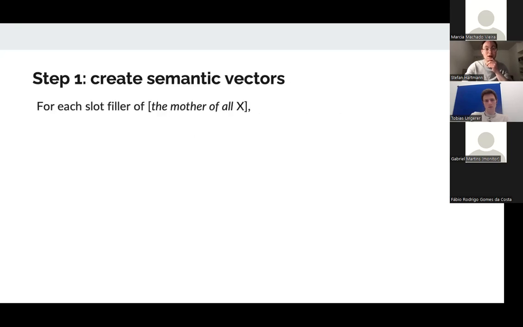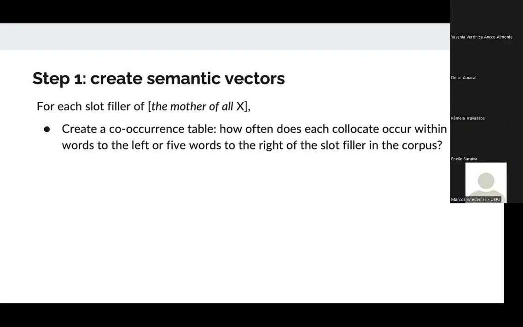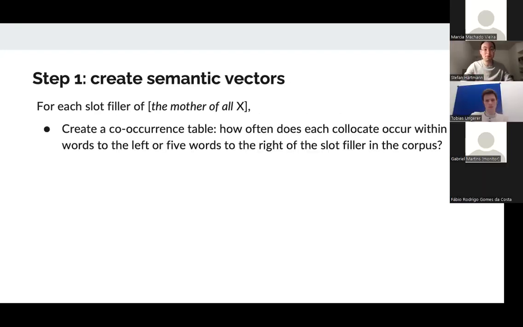So the first step would be to create semantic vectors. If we take the mother of all x as an example again, then the first thing we would have to do is create a co-occurrence table. So how often does each collocate occur within 5 words to the left or 5 words to the right of the slot filler in the corpus. Let's take hangover again.